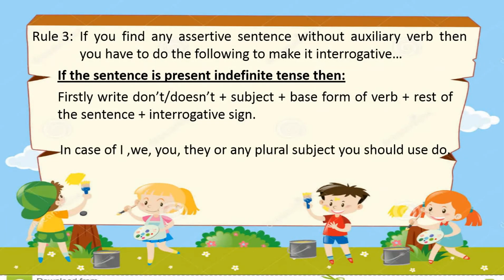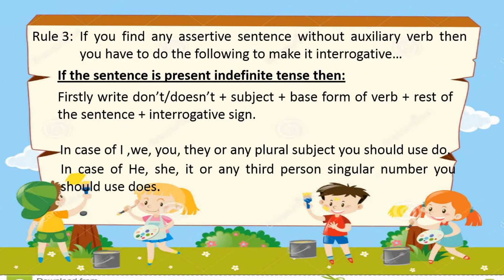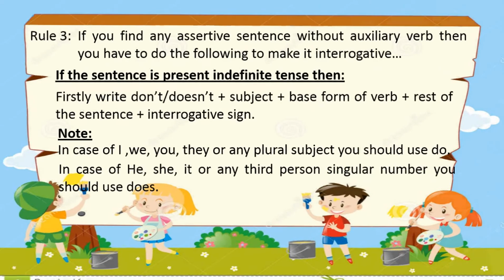In case of I, we, you, they or any plural subject, you should use do. In case of he, she, it or any third person singular subject, you should use does. You have to remember these two points very carefully. Okay, this is a note.